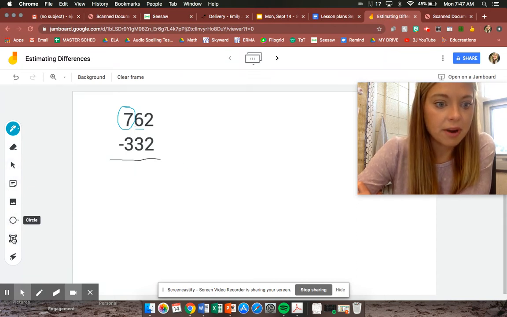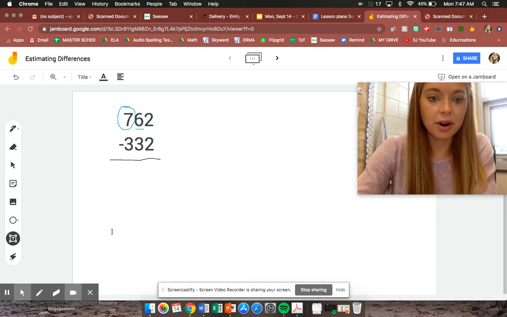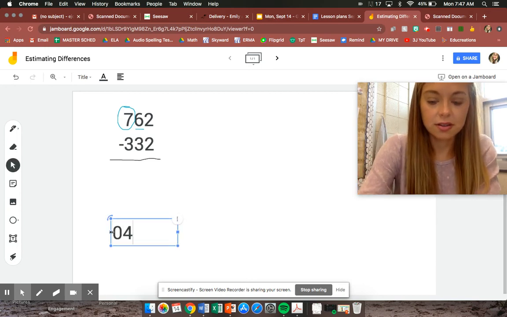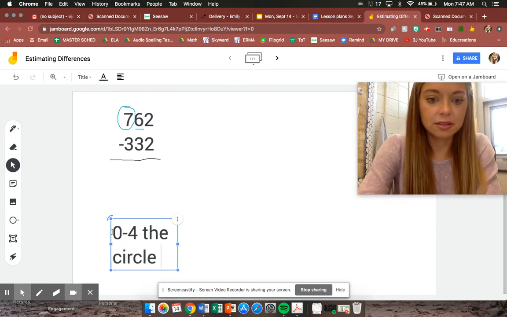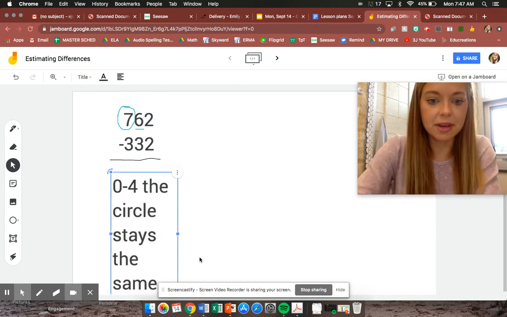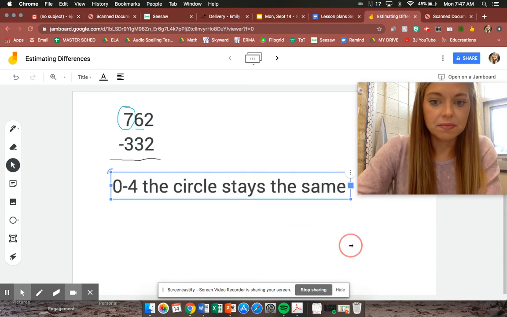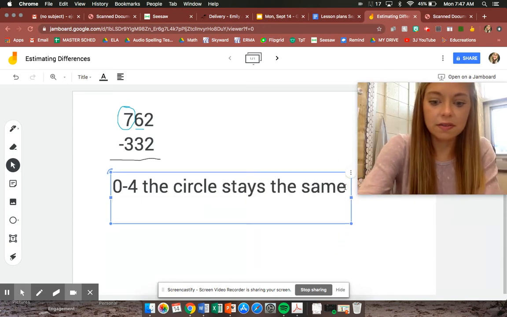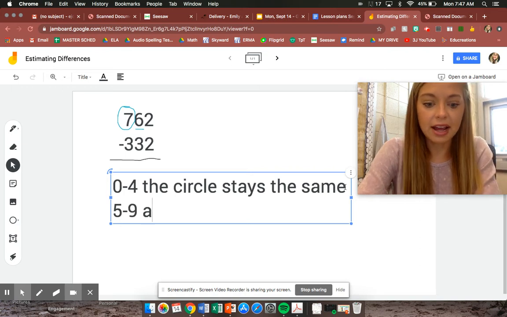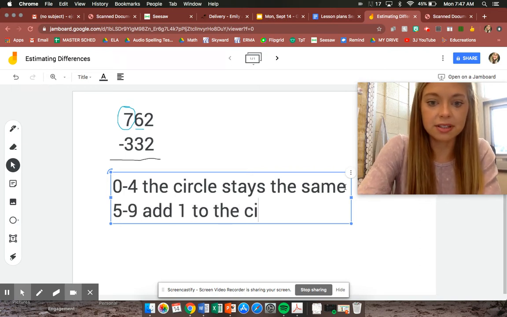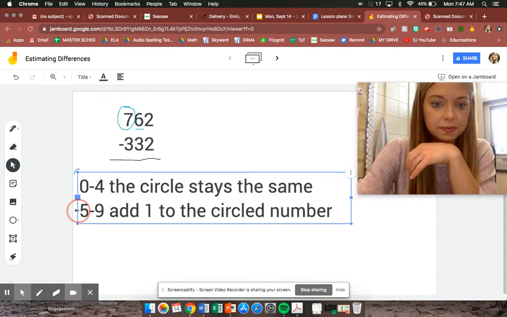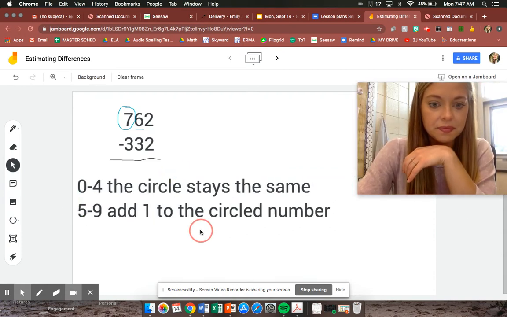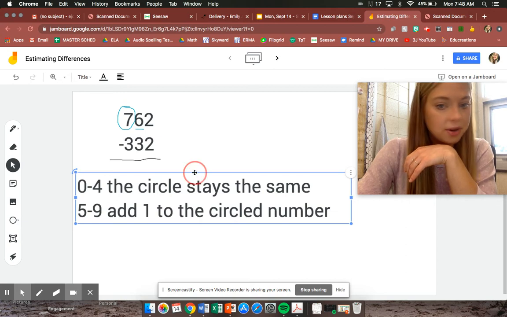Okay, now remember 0 through 4, the circle stays the same. And then 5 through 9, add 1 to the circled number. Okay. So this is extremely important.